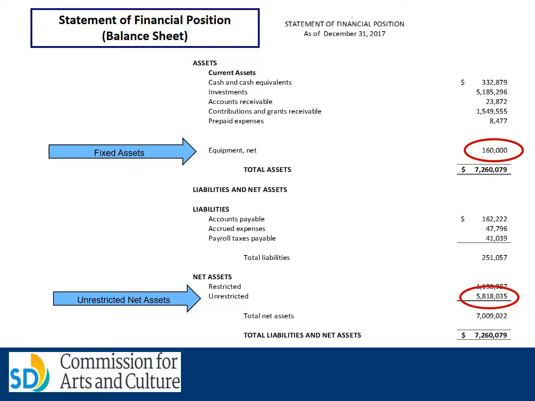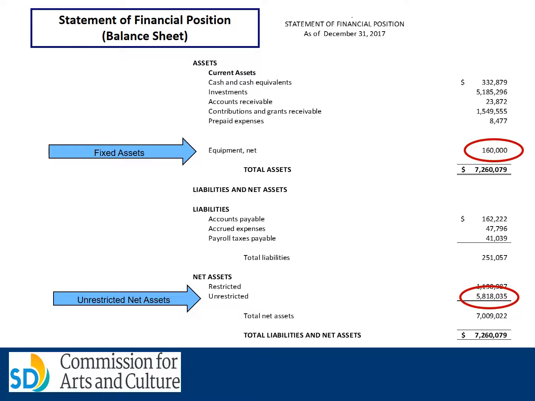For part 1 of the Luna calculation, you'll be using your statement of financial position, otherwise known as a balance sheet. For step 1, now that we know the equation variables, we must identify the correct number for each variable on our balance sheet. For our example, we have identified the fixed assets and the unrestricted net assets.